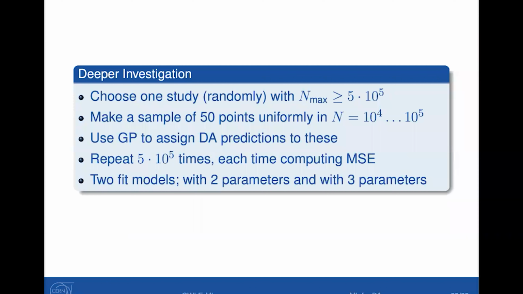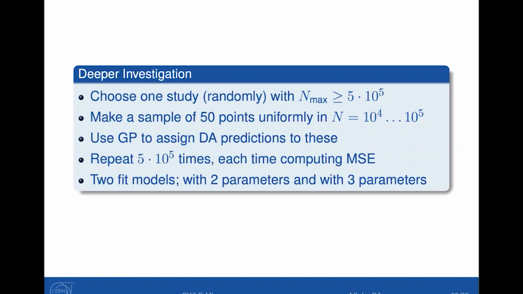So we choose a random study from our long-term simulation studies, which has at least 500,000 turns. Then we sample 50 points from 10^4 to 10^5. To be clear, I didn't mention it: the Gaussian process distribution is always evaluated at certain points, which you choose arbitrarily.